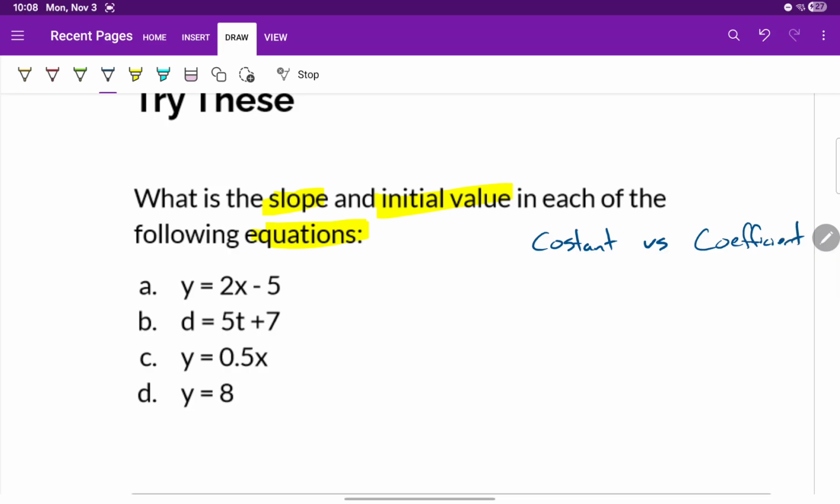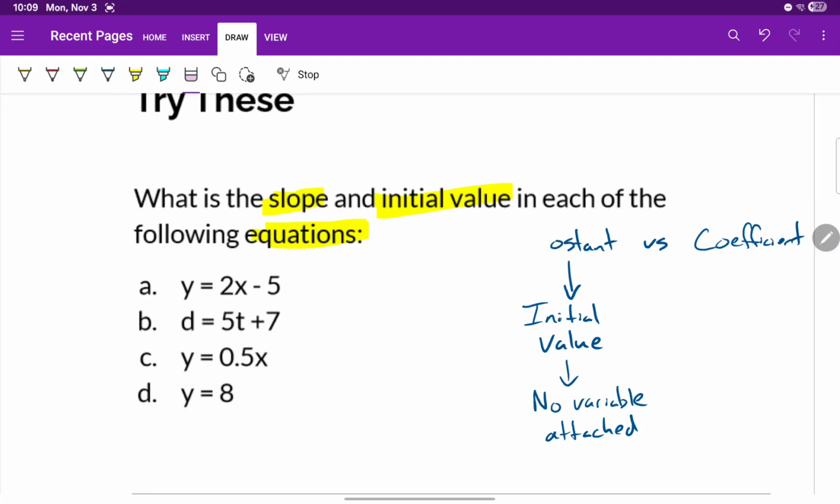Okay? And what we're going to put here is that your constant in an equation is your initial value. And this has no variable attached. Okay? That is what a constant is.